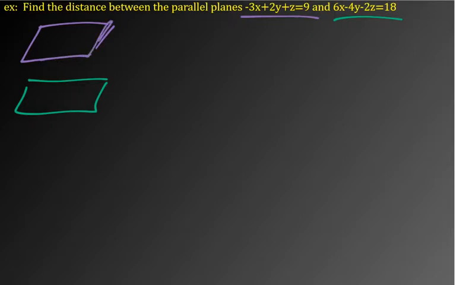And the idea is, you can find some point in this plane and a point in this plane, and you can create that vector, right? And then you could find a normal vector that comes out of either plane, really.